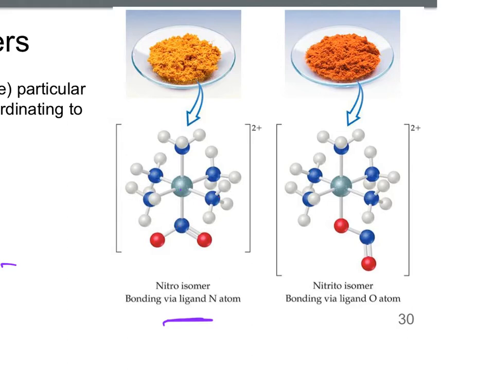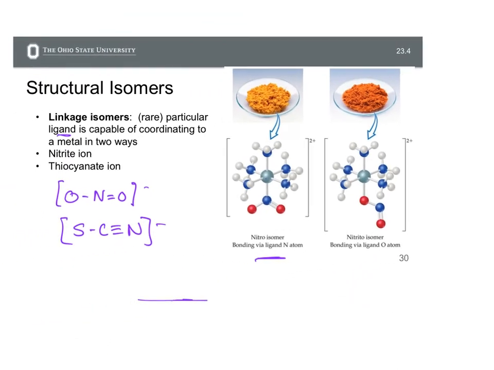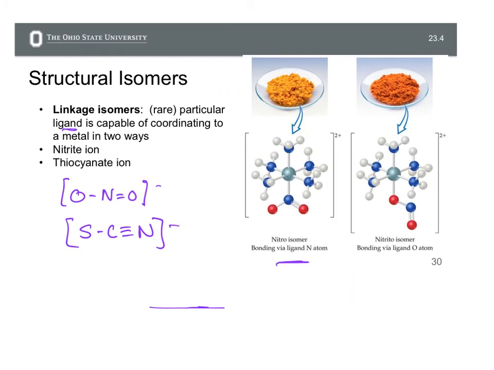This is the nitro isomer with our nitrogen and our oxygen atoms bonded that way. And this is the nitrito isomer where the oxygen is the atom that's bonded to the central metal atom. So again, the difference is that the central metal atom is bonded to a different atom on the ligand.